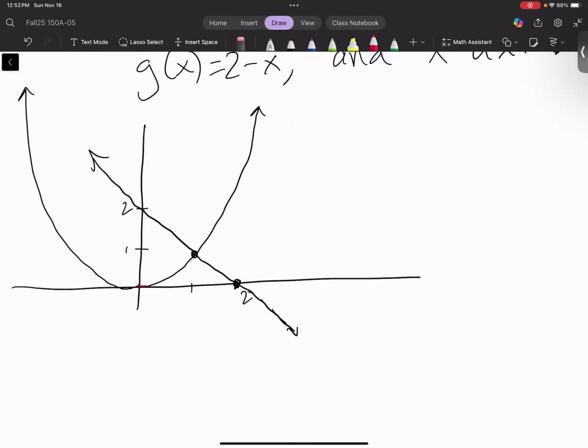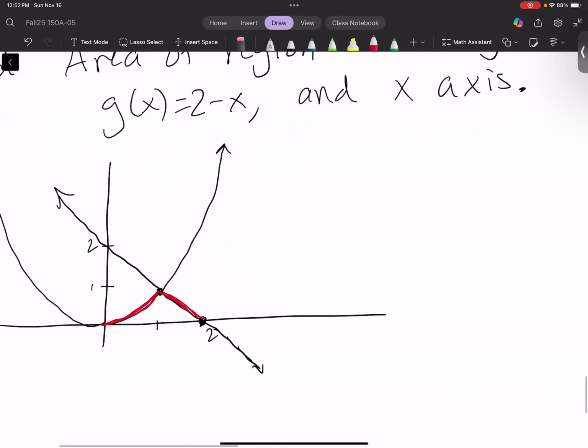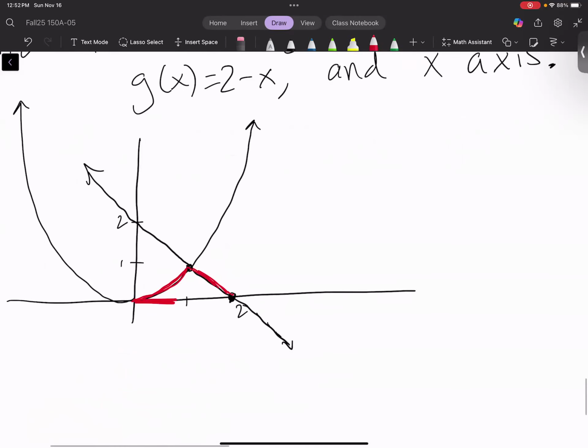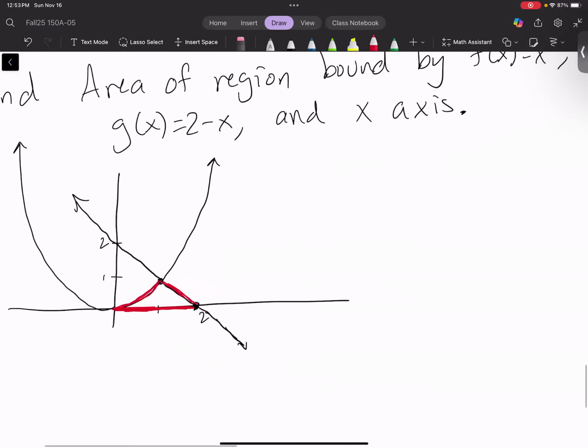So it's the region bound by x squared, 2 minus x, and the x-axis, okay? So you always need to be looking for the region that is bound by every single one of the functions, okay? So this is the only region where all of the sides of it is one of the functions we talked about, okay? So like for example, notice this region here, this pizza slice.